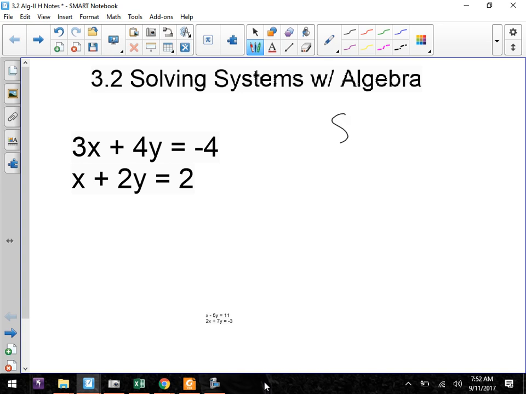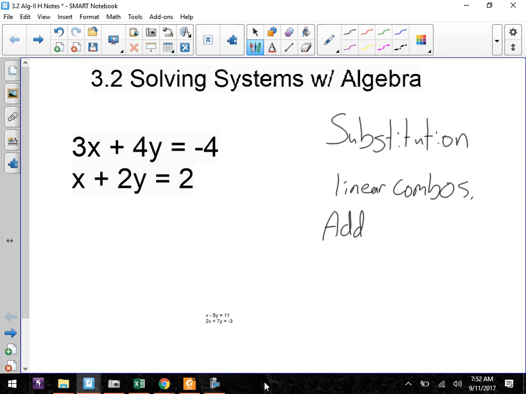There was substitution. And then the other one was linear combination. You can add, or you can subtract. Just kind of reminding you, it's the idea of which one is going to be better for specific situations.